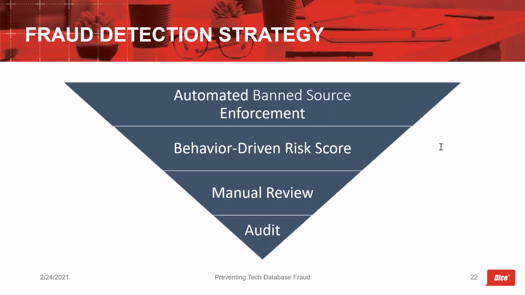All right, so once we scrub that and we bring it into the system, this is the strategy that we look at in terms of how we effectively work with fraud. So right up at the top, automated banned source enforcement. If we have very set and specific rules where we just know we're not going to allow this, and this can be code of conduct or terms of service abuse, those types of things, we don't need to really evaluate that any further.